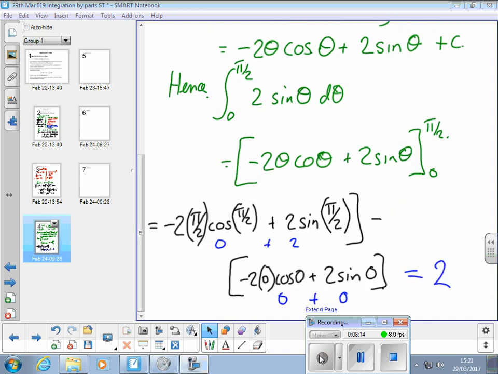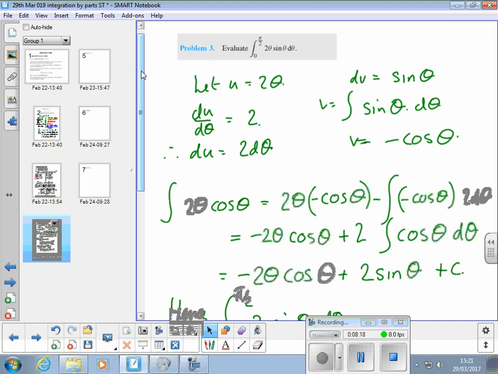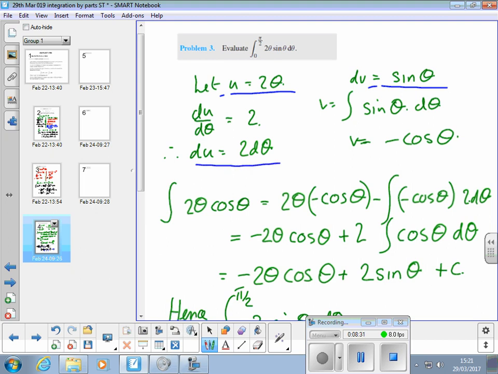So just for the video then, quickly, we've gone through the same process. Let u equal 2 theta, dv equals sine theta. Differentiate to find du and rearrange. Integrate the right hand side, dv, to find v.